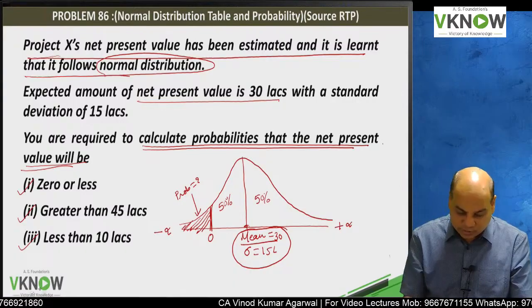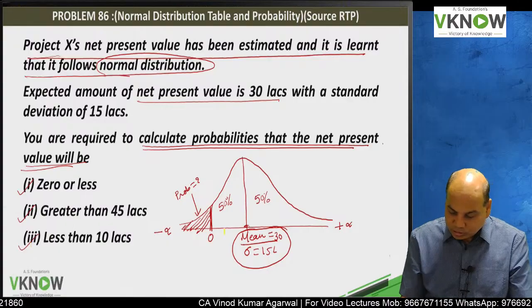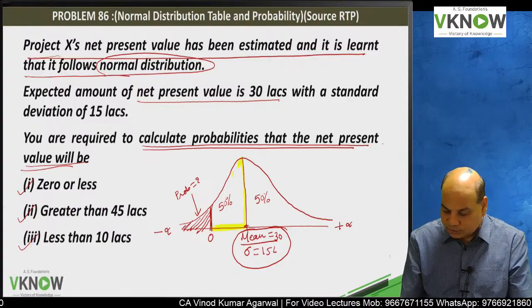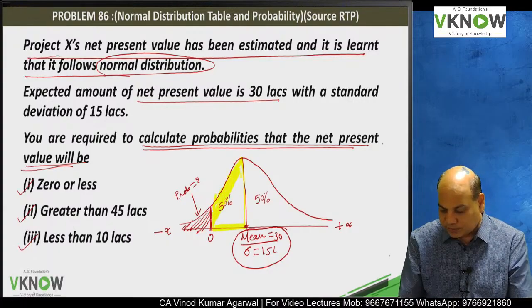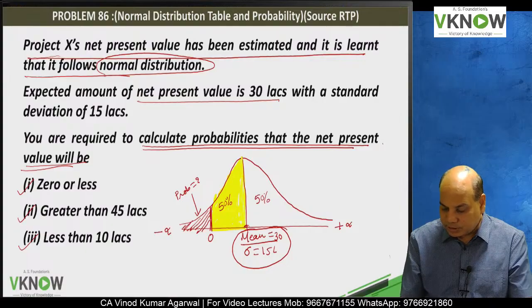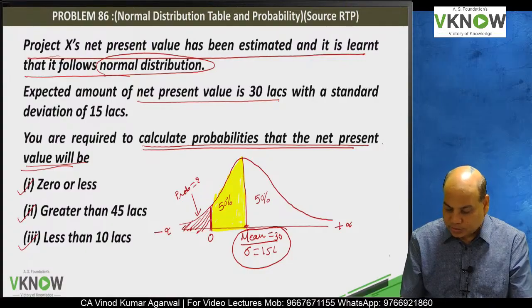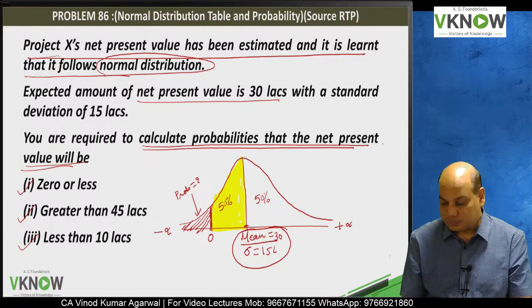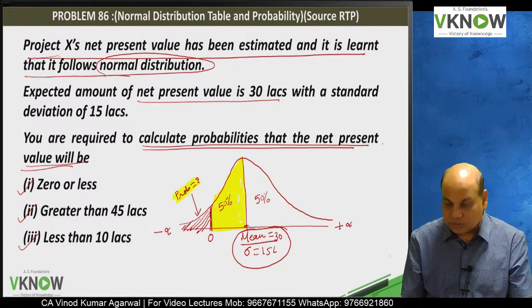The normal distribution table gives the probability of a number between the mean and that number. But I want the probability of this area.